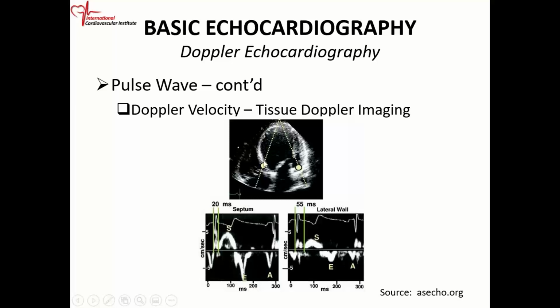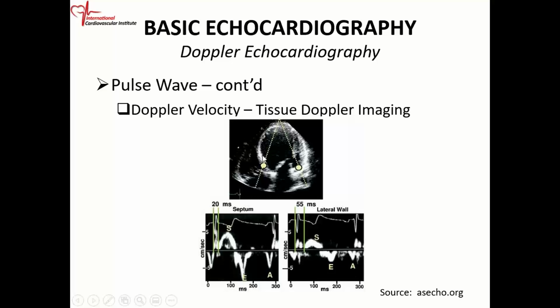And then in diastole, the mitral annulus actually moves downward. But there are two components to that. You have an E prime and an A prime. Okay, again, everything we do in echo, we have ECG, it's gated. So you have an ECG on top. Systole is from the onset of the QRS to the end of the T wave. Diastole is from the end of the T wave to the QRS.